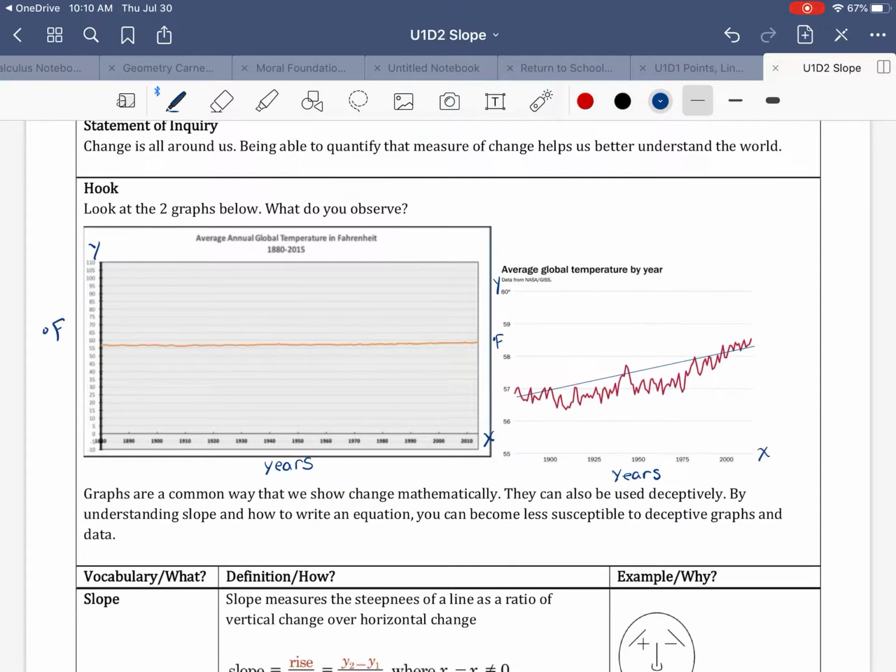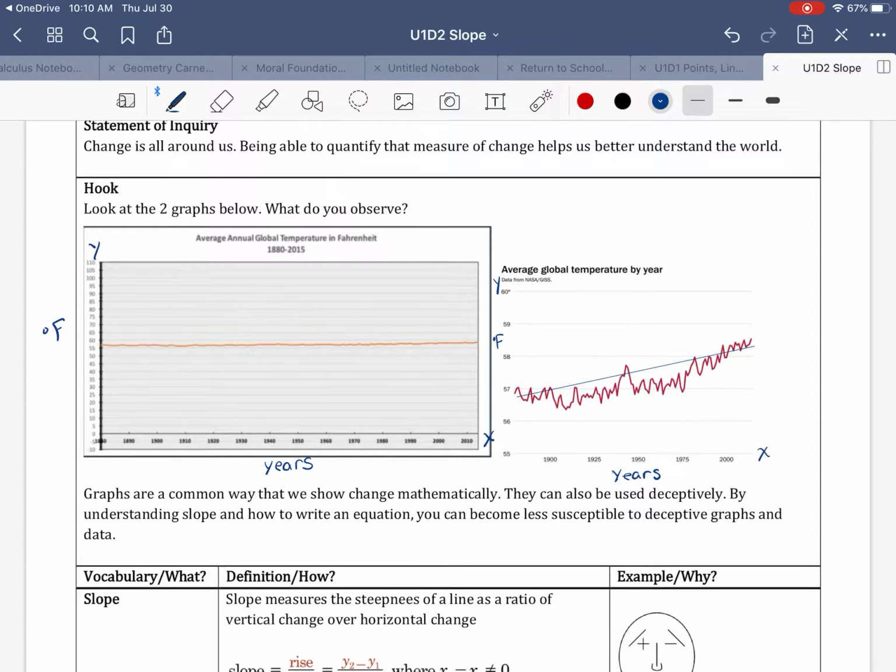Now, a lot of people who argue that climate change isn't a large problem, it doesn't really affect us that much, or maybe saying that it's not nearly as man-made as some people would argue, would use the graph on the left. You see, like, look at that. You can barely tell, right, that it's increasing.